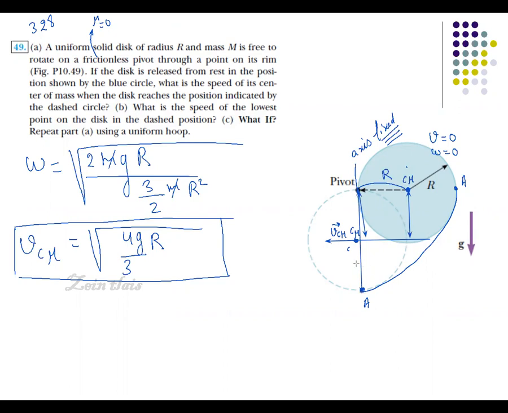We solved one example with a rod, and we can apply the same calculation. You can see the example in your book. Anyway, VA at the lowest point equals RA times omega.